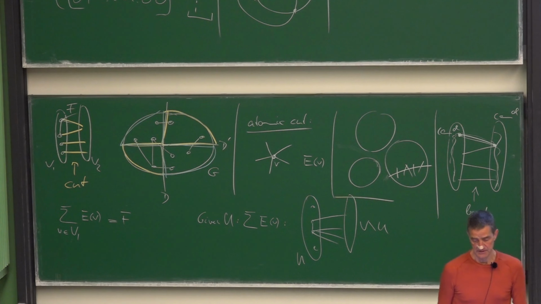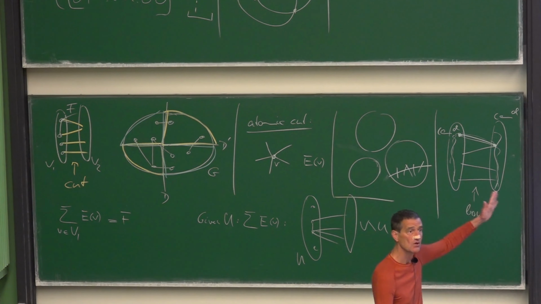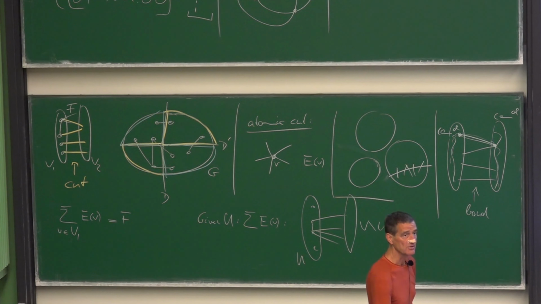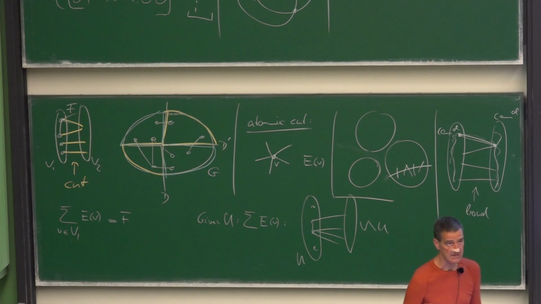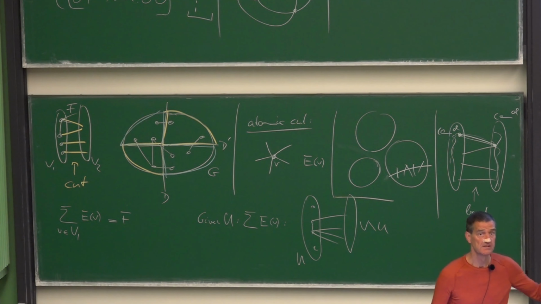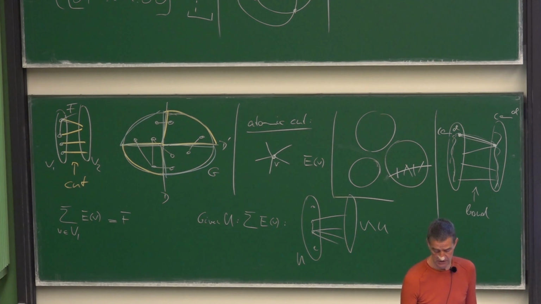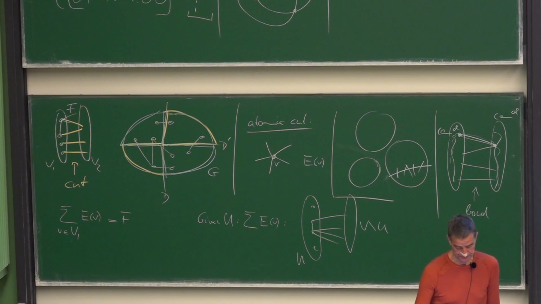So the cuts into connected sides are going to be bonds, and conversely, every bond is a cut of a connected graph into connected sides.